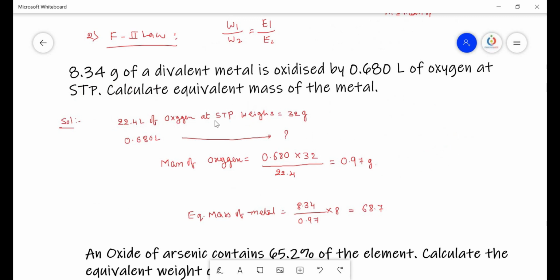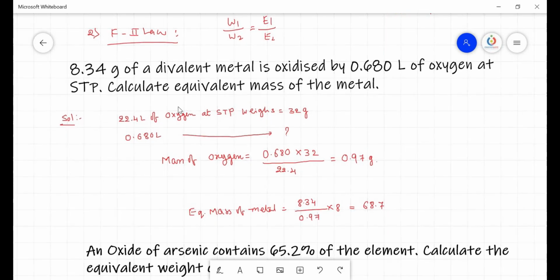Let us solve some questions here. 8.34 grams of a divalent metal is oxidized by 0.680 liters of oxygen at STP. Calculate the equivalent mass of the metal.